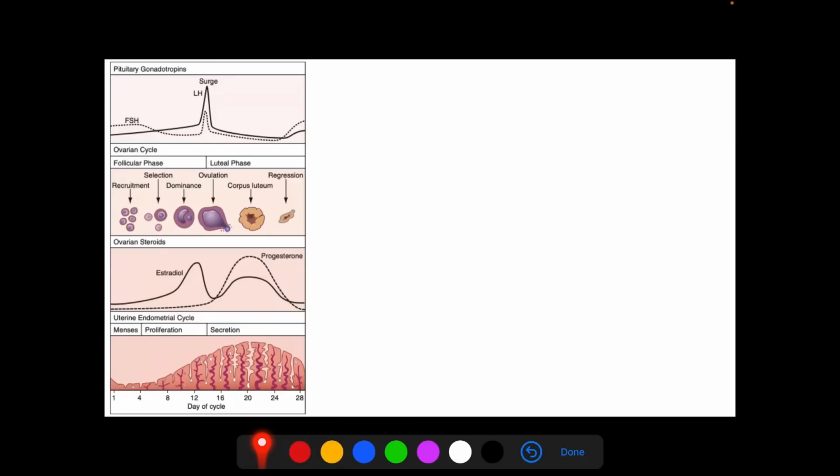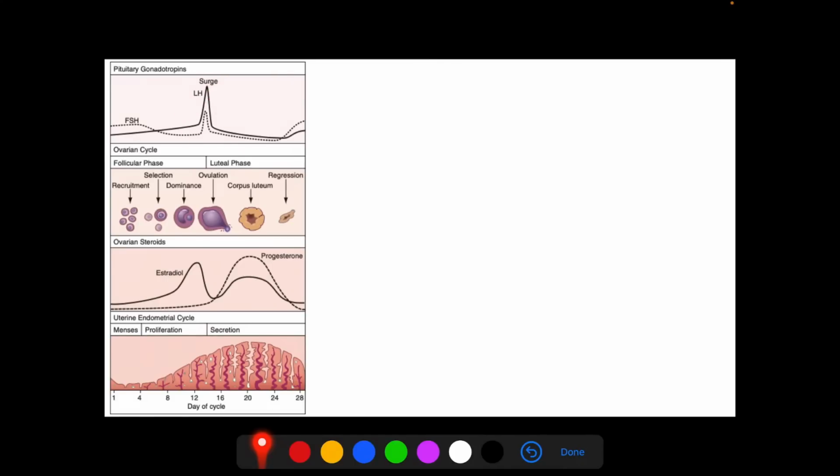And how about at the end of the follicular phase? You can see here that the estradiol level is already at its highest, right? So what will happen is, it will cause now the surge in the production of other hormones, the GnRH, the FSH, and the LH, particularly the LH.